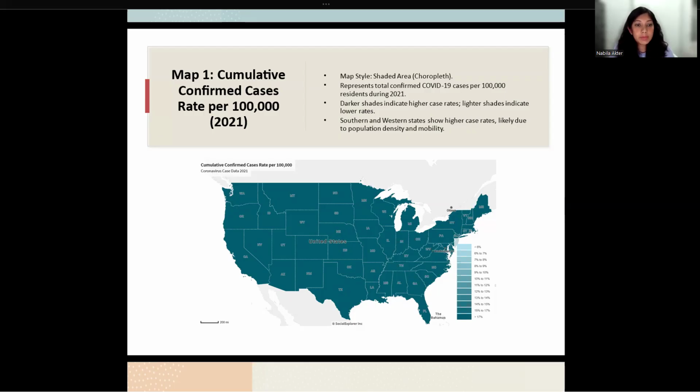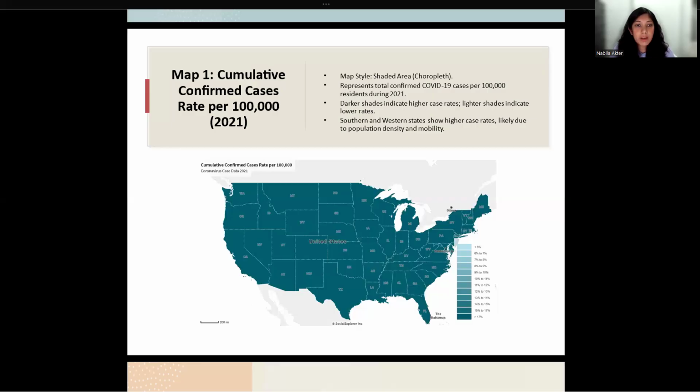The darker shade represents states with higher infection rates, while lighter shades show states with fewer cases. We can see the southern and western states like Texas, Florida, and California show darker coloring, meaning they had higher infection rates in 2021.